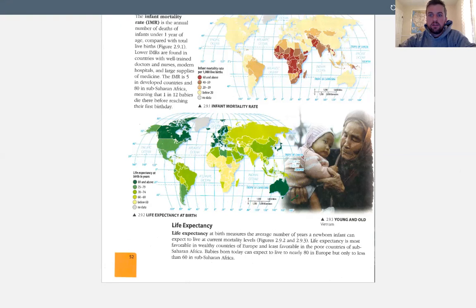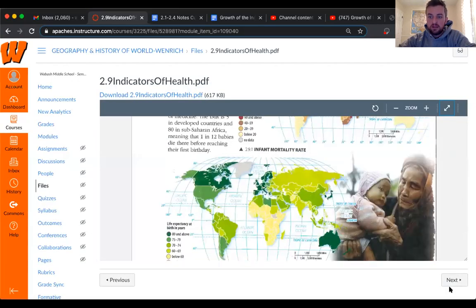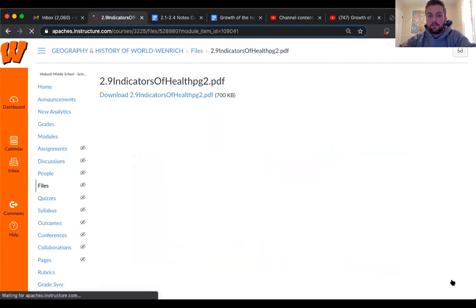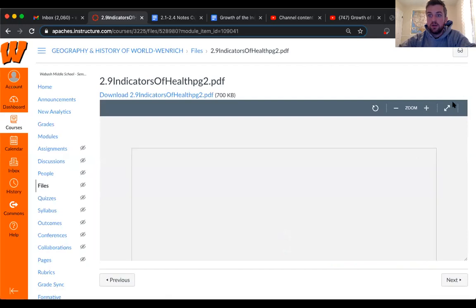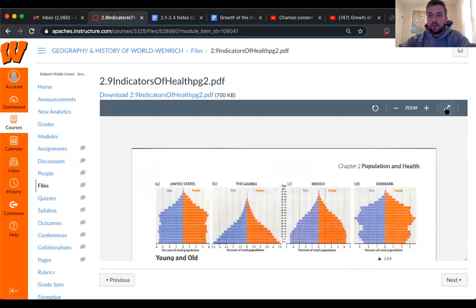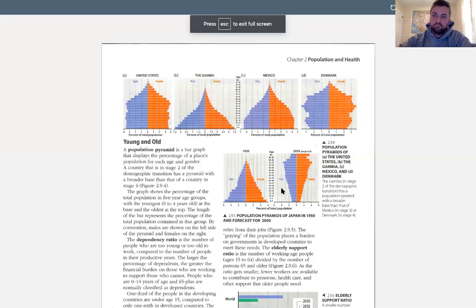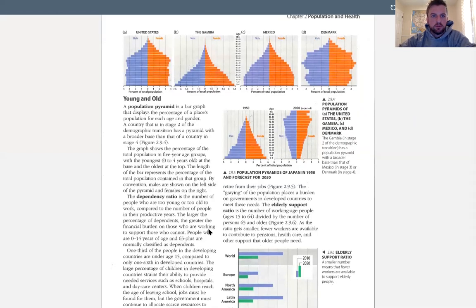So again, things to consider in terms of policy. If you have a country with a higher infant mortality rate, there might be signals of something else going on there besides poor healthcare services. Here we go, population pyramids.